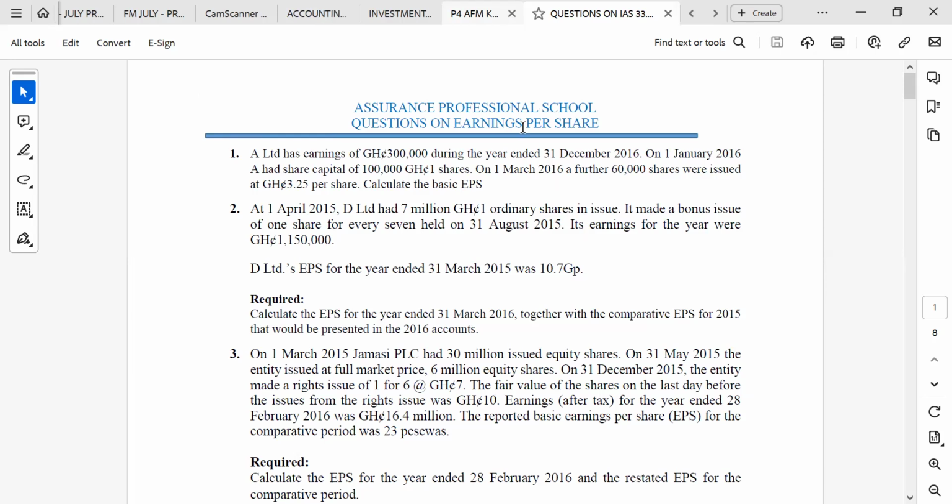On January 1, 2016, A had share capital of 100,000 shares at 1 Ghana cedi per share. On 1st March 2016, a further 60,000 shares were issued at 3 cedis 25 pesewas per share. Calculate the basic earnings per share.